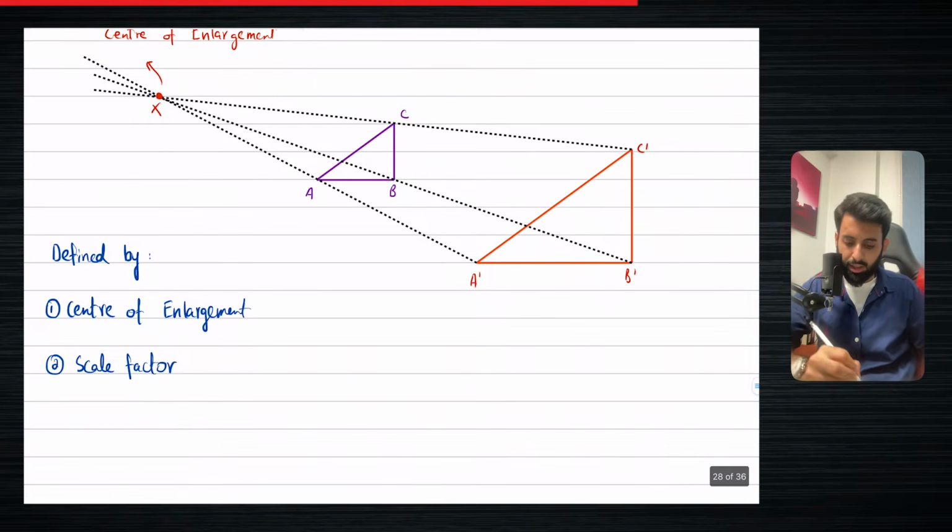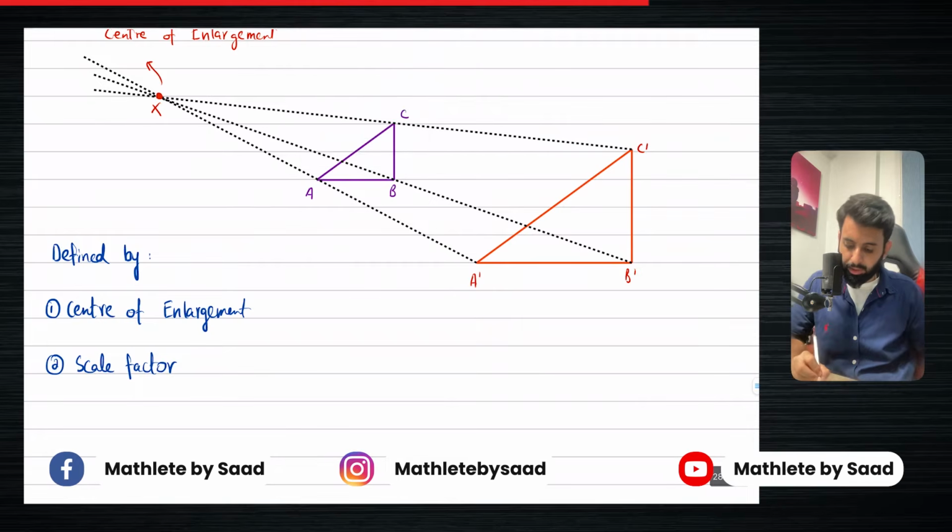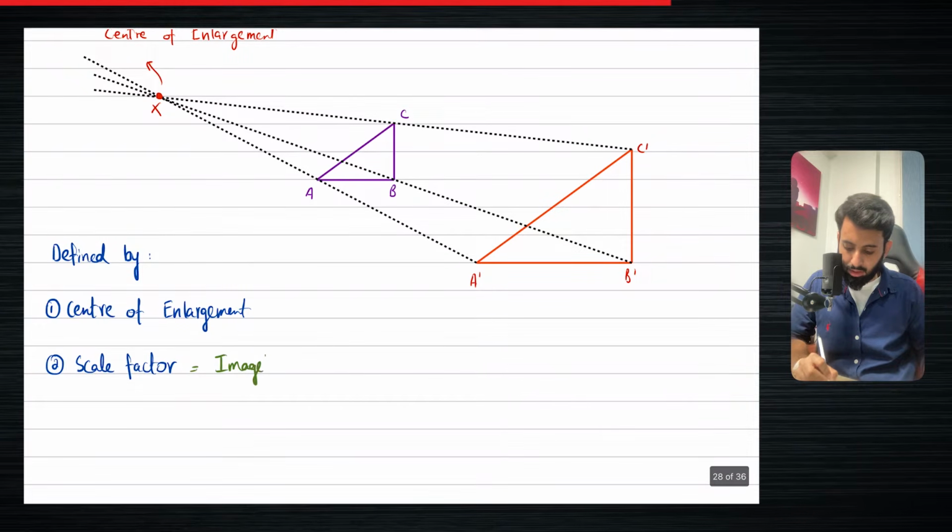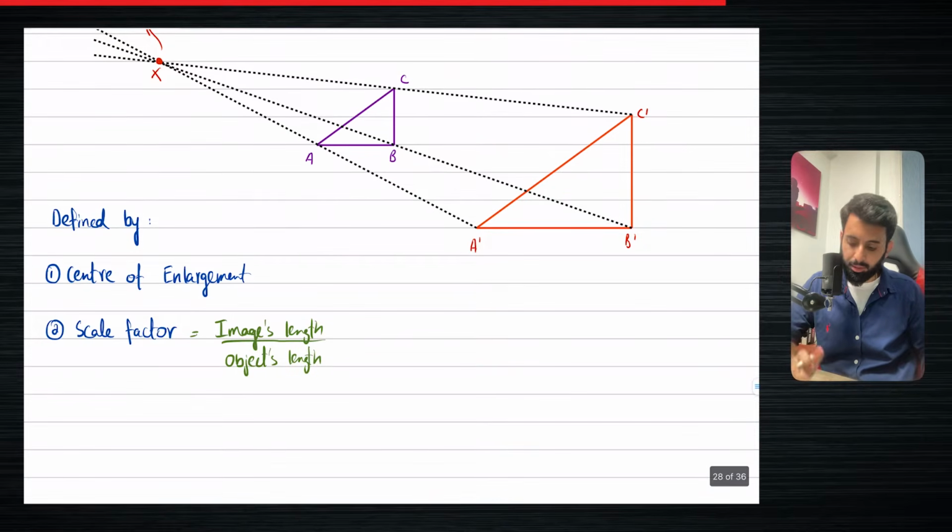Now, scale factor is something that's very important, and it is basically the ratio of the image length over the object's length. And it's not just this ratio that's equal to the scale factor.